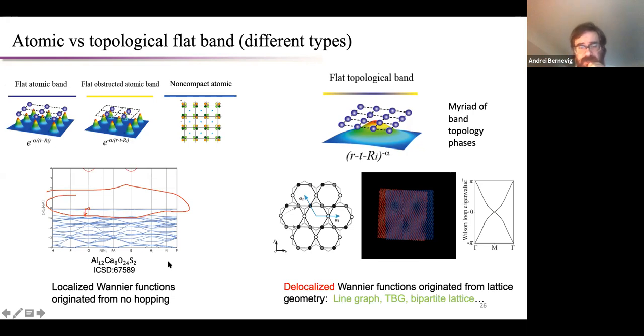But you don't need to; that would be overkill. What you can do is just look at these bands, check that their eigenvalues are compatible with those in the atomic limit, and look at how large the gap is.